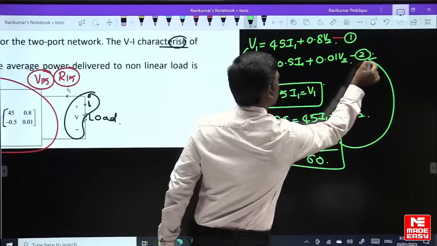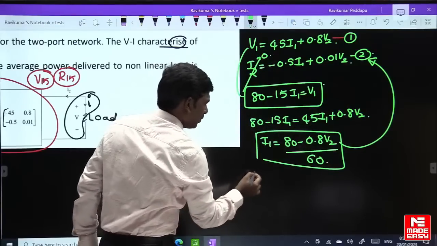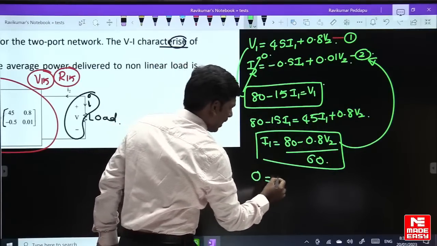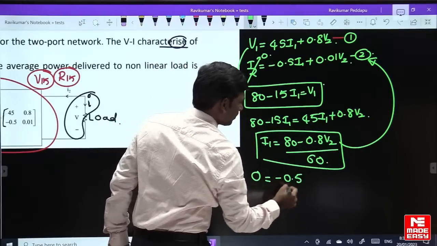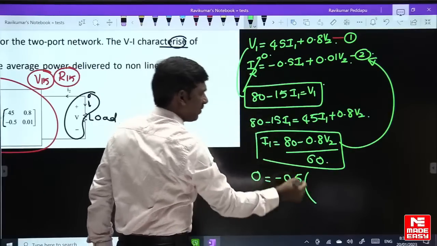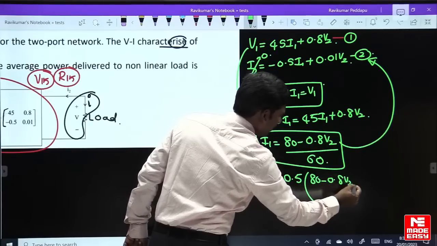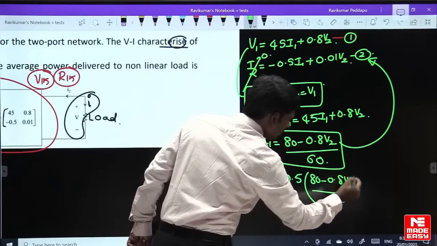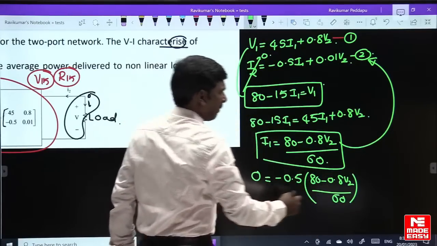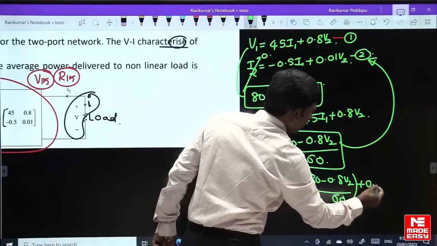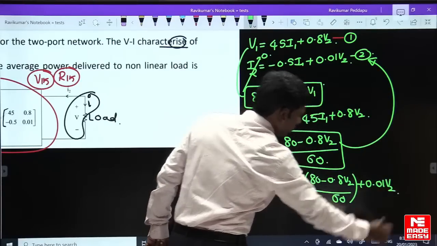Just substitute here. So I2 is equal to 0 minus 0.5 I1; in place of I1, (80 minus 0.8 V2) by 60, plus 0.01 V2.